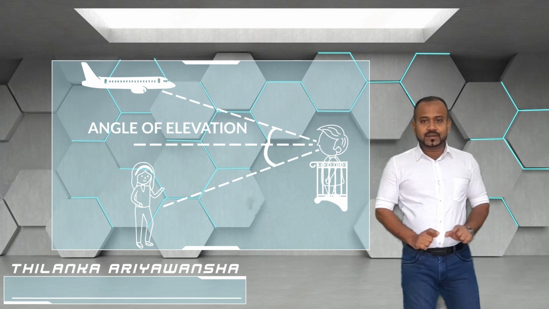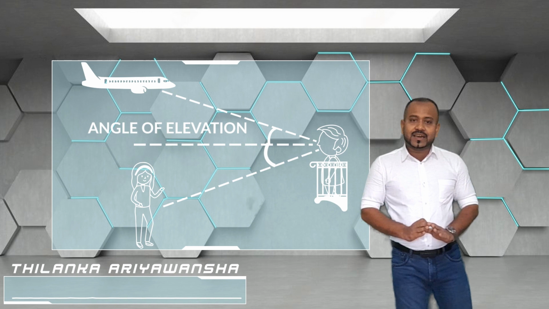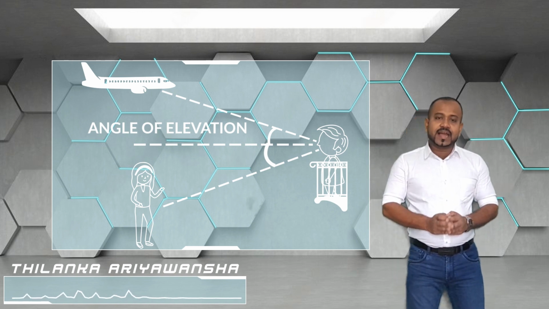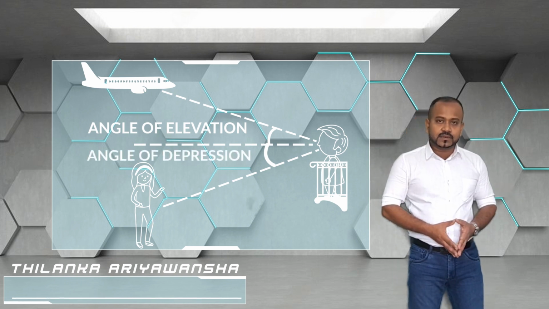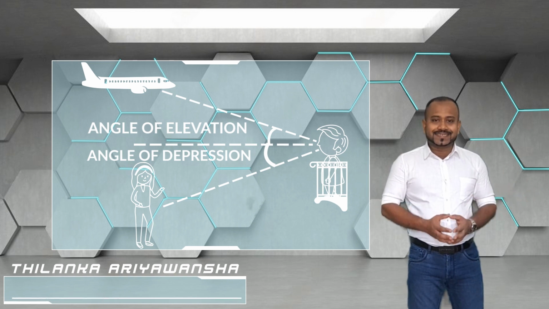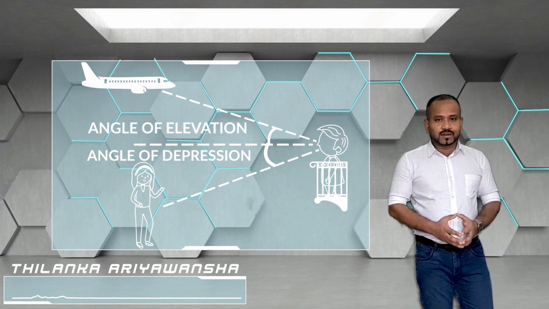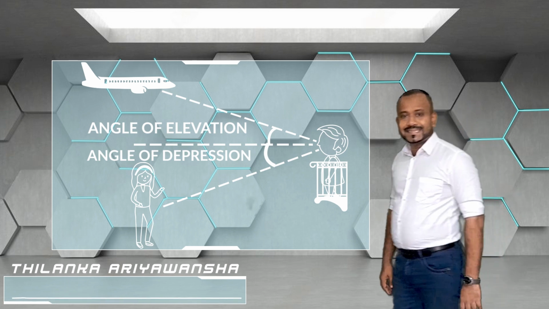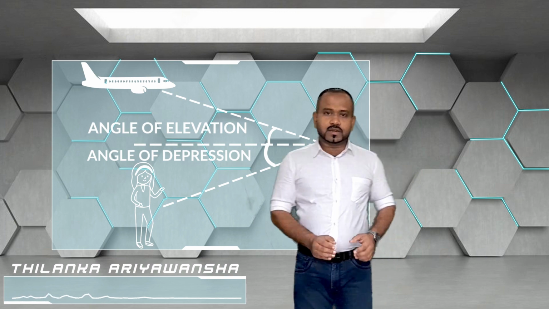Remember, according to that, this angle of elevation and angle of depression is created. Now we can see how to apply this concept into our questions. Well, let's see how to apply this concept into a question.